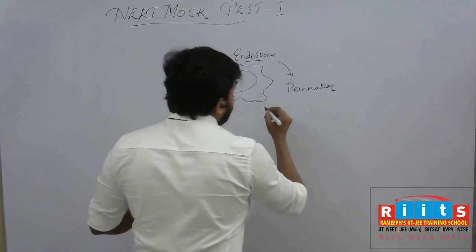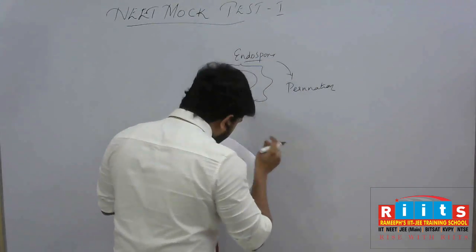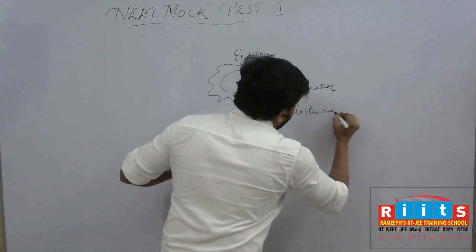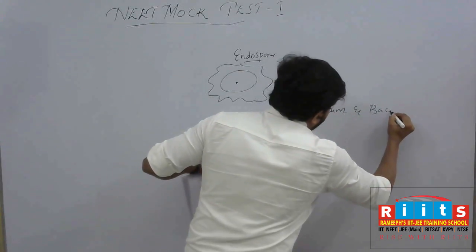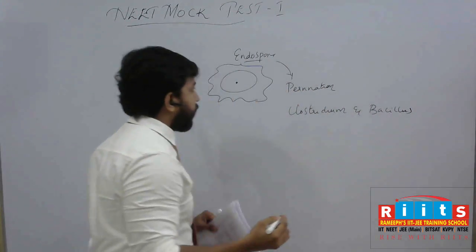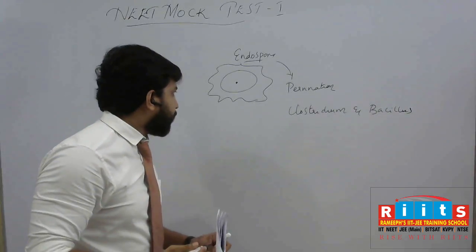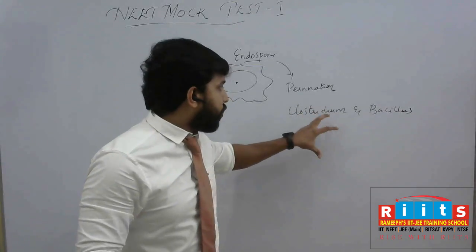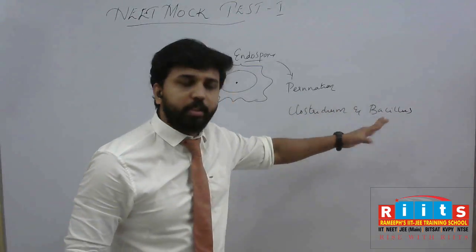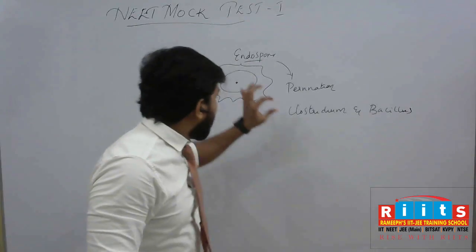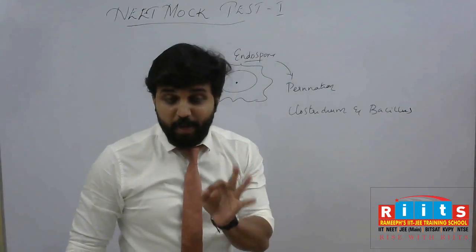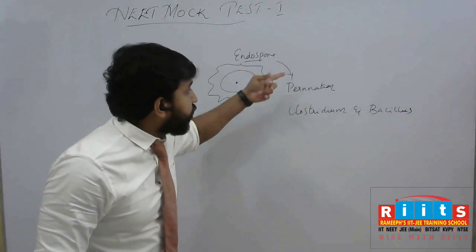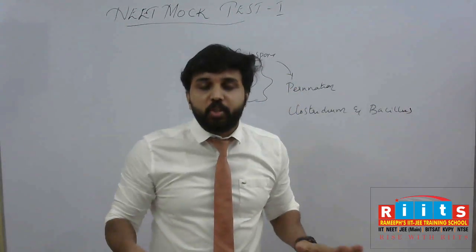This endospore is usually seen in species like Clostridium and Bacillus. Actually, this is a special type of spore seen in these specific bacteria, Clostridium and Bacillus. These are two examples, and there are a lot of bacteria. It is meant for perennation, which means that when conditions become unfavorable, bacteria enter a perennation stage, a suspend stage, an inactive stage.